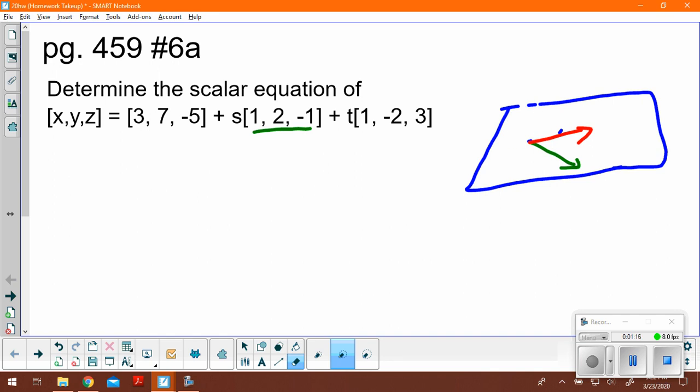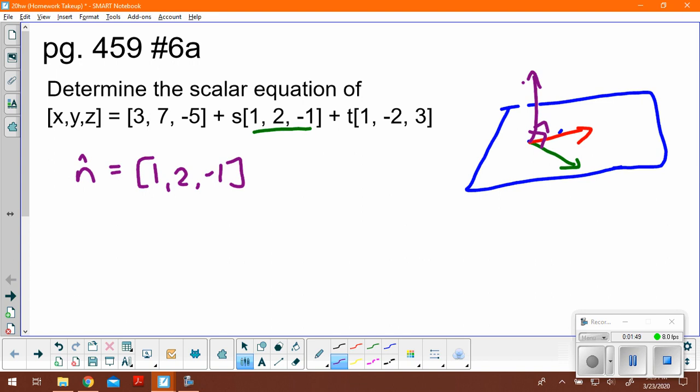To get the scalar equation, I need a normal, which is a vector that is perpendicular to the plane, which means it would be perpendicular to both of those other vectors. So my first step is to find the cross product of the direction vectors associated with S and T. So N is equal to 1, 2, negative 1 crossed with 1, negative 2, 3.